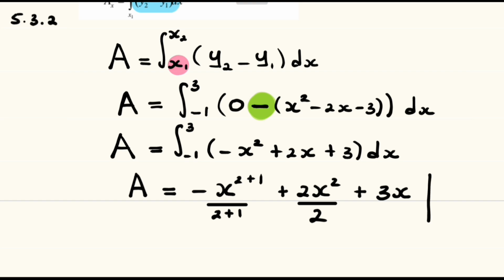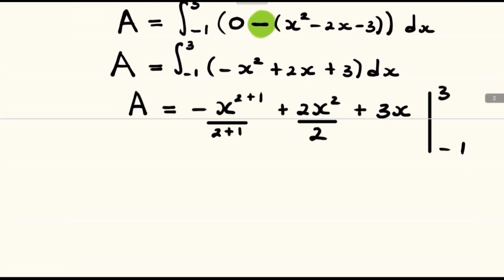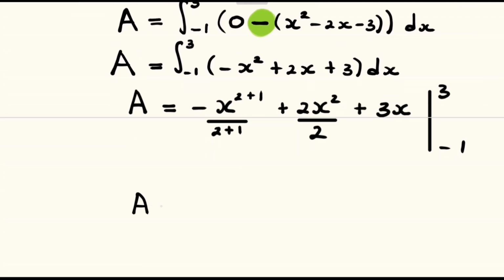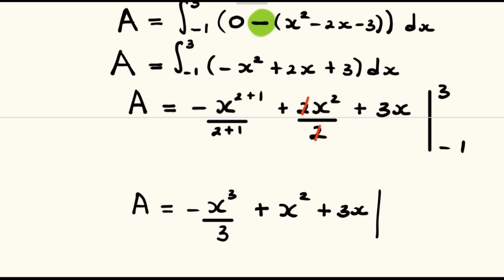We have our bounds from -1 to 3. Let's simplify. Our area will be equal to negative x raised to the power 3 divided by 3, plus 2 divided by 2, which is equal to 1. So they will cancel out, and we'll be left with x squared plus 3x with our boundaries, the 3 and the -1.